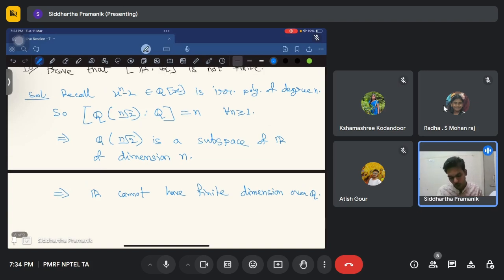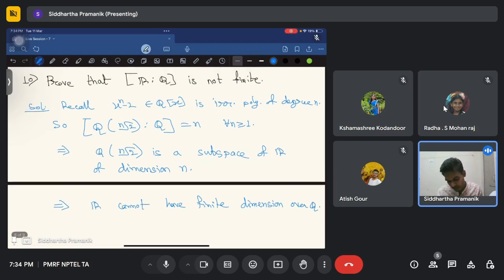So did you get the idea? It's very easy actually, rather than the countability argument. So is it okay?